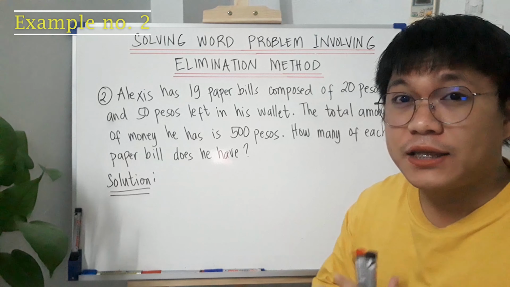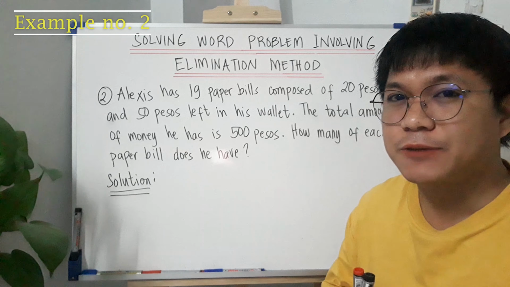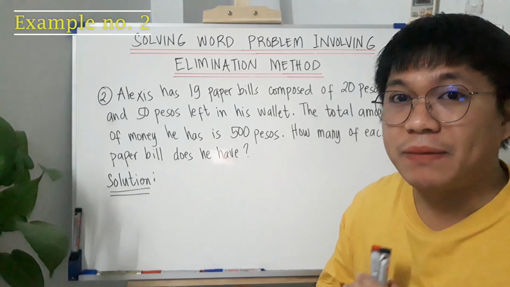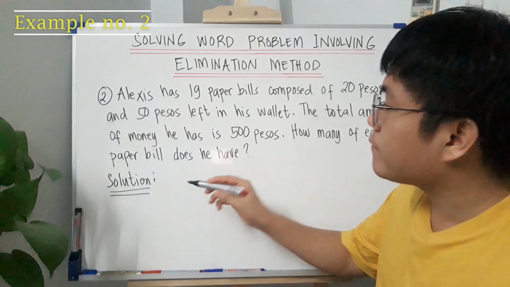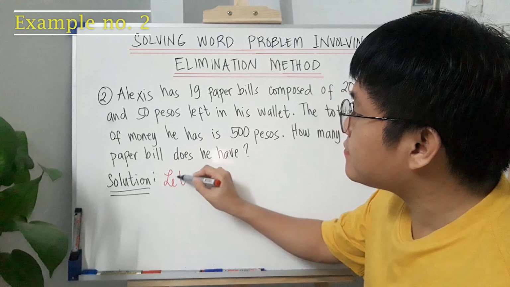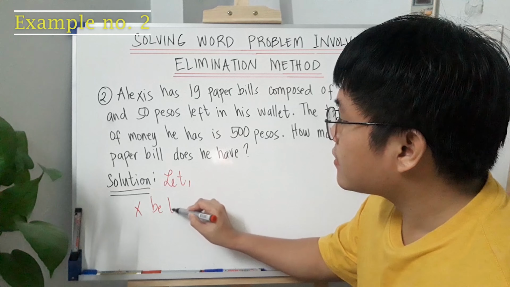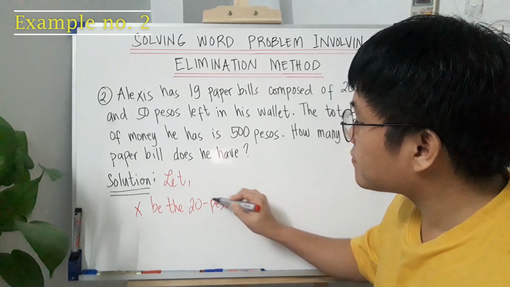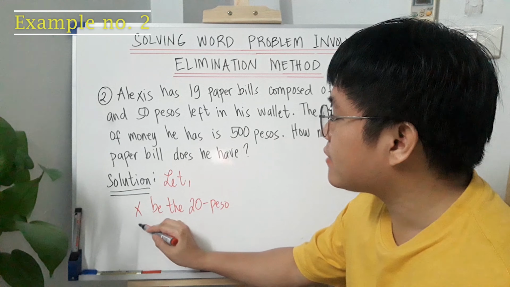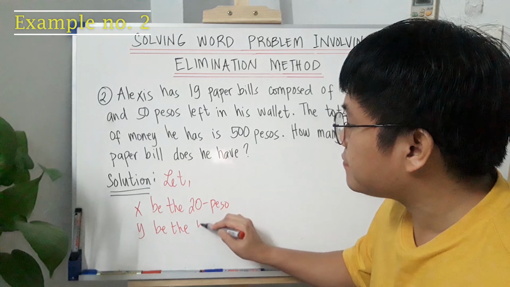What we only know is that there are 19 paper bills in his wallet. That means we are going to represent the unknowns with variables. So we are going to let x be the 20 peso bill, and let y be the 50 peso bill.